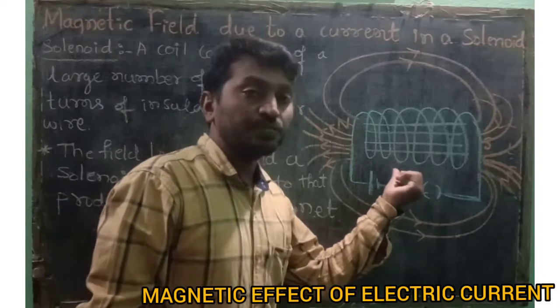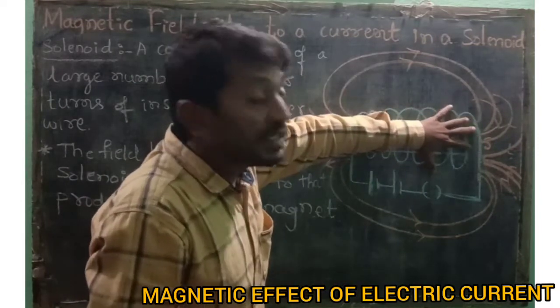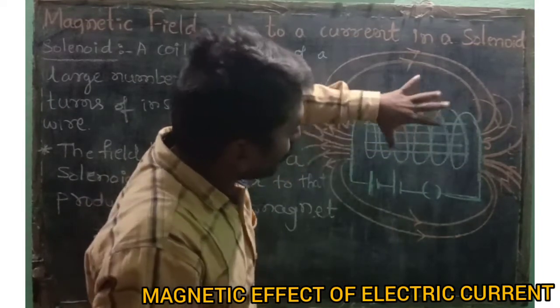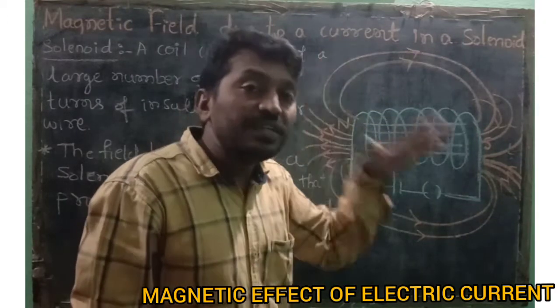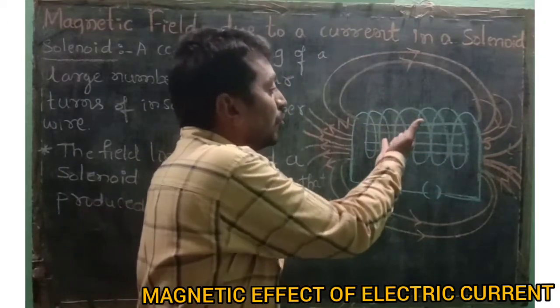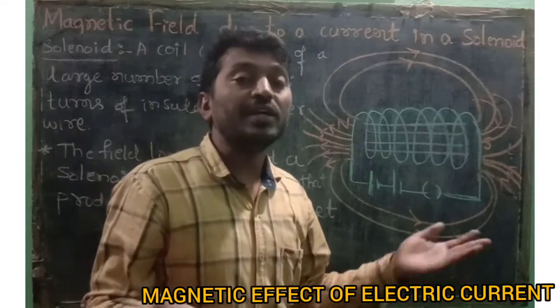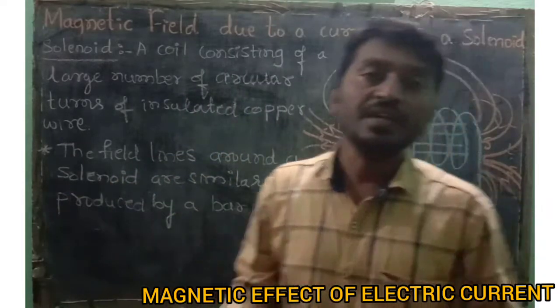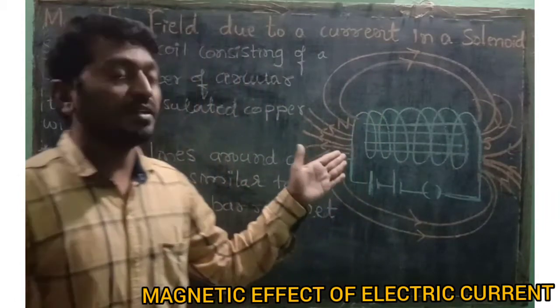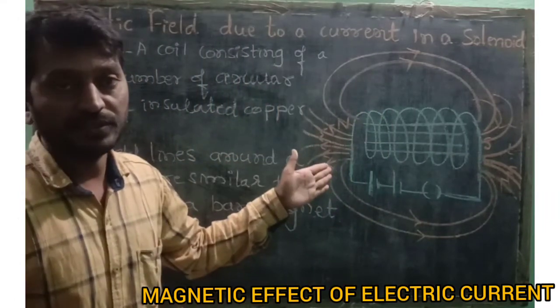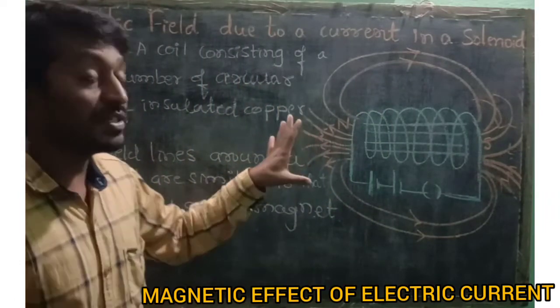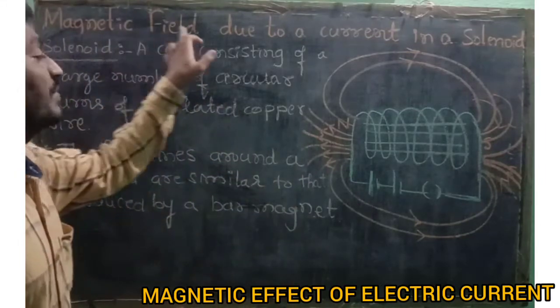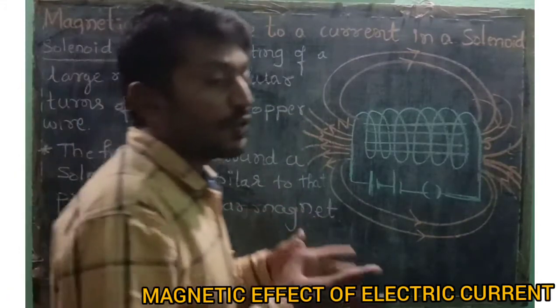Also, in the center of the solenoid, the field lines are parallel to each other. That is why the strength of the magnetic field is the same at every point inside the solenoid. Okay, this is about the magnetic field due to a current in a solenoid.